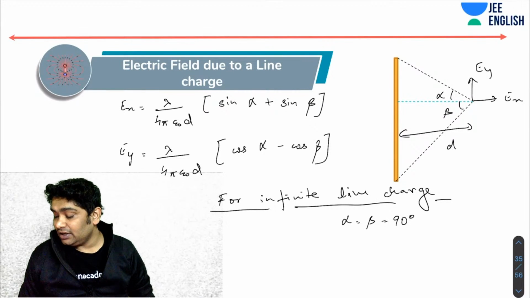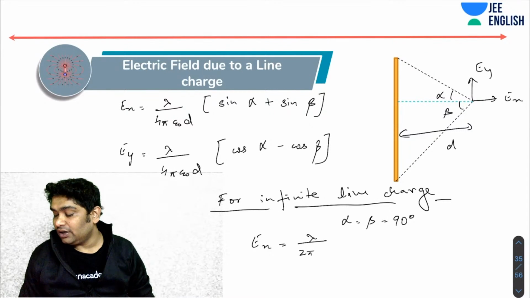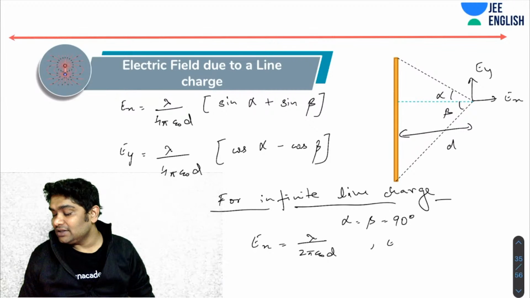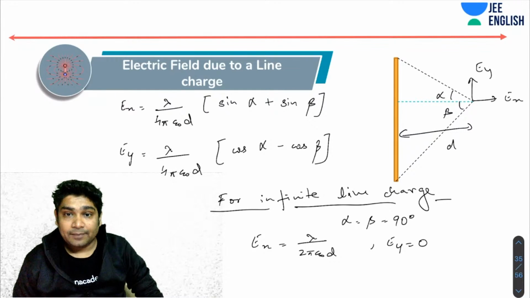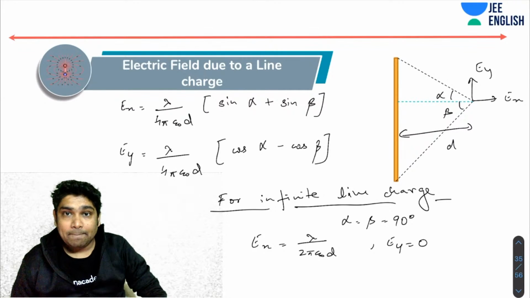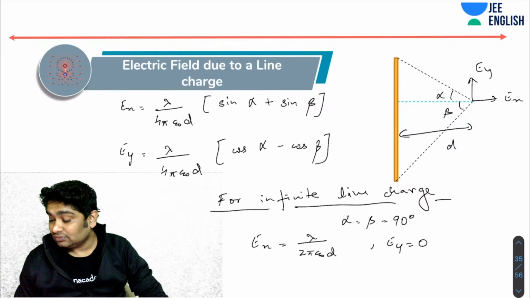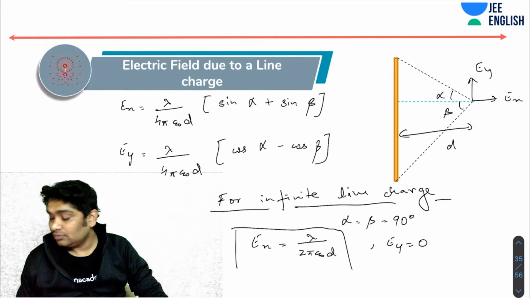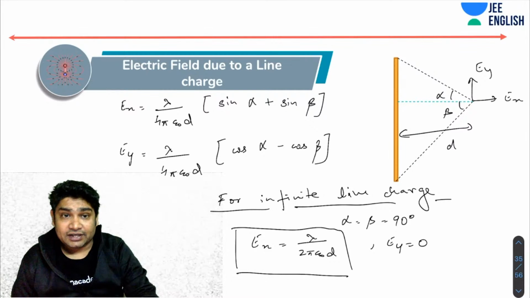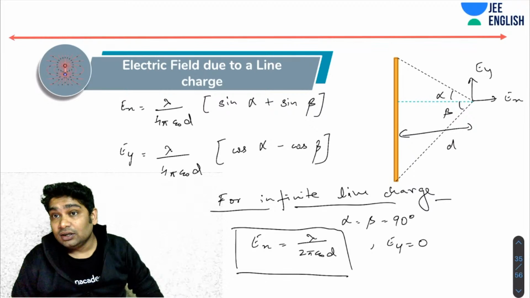So you realize Ex is lambda over 2 pi epsilon naught d, and Ey is 0. Remember that, and this is very, very important. This is the electric field due to an infinite line charge. A very important result which we will be using a lot.